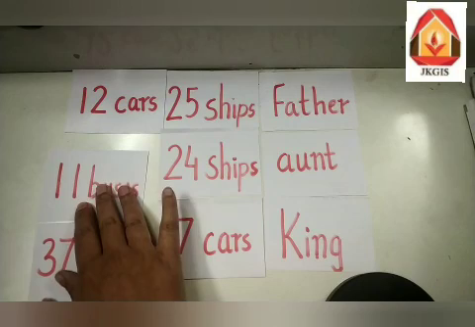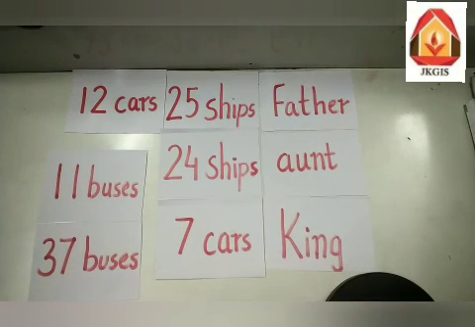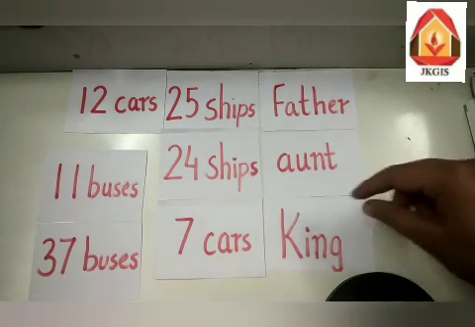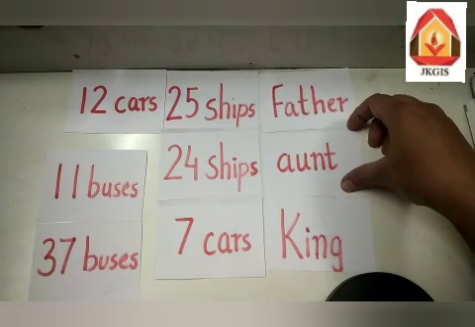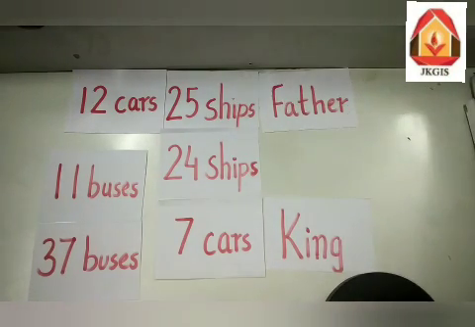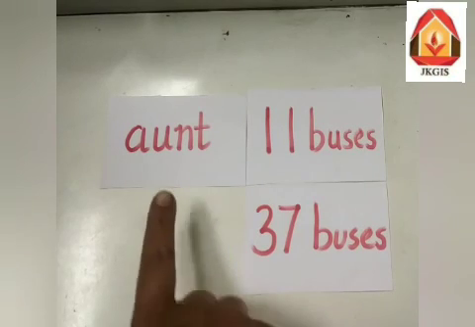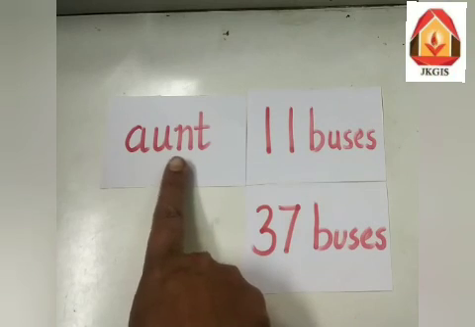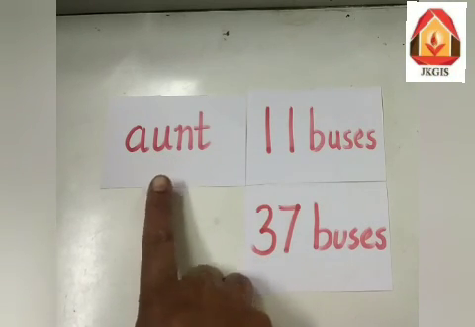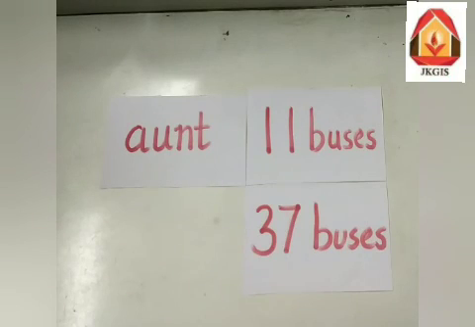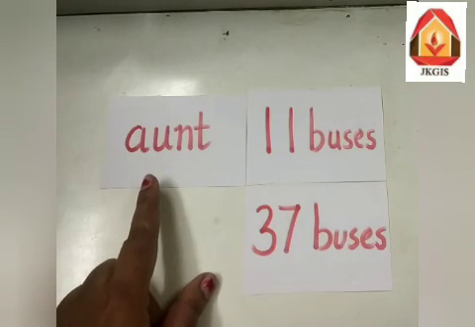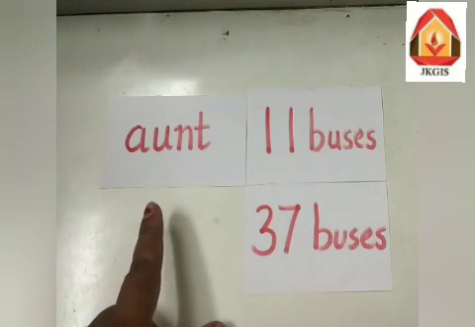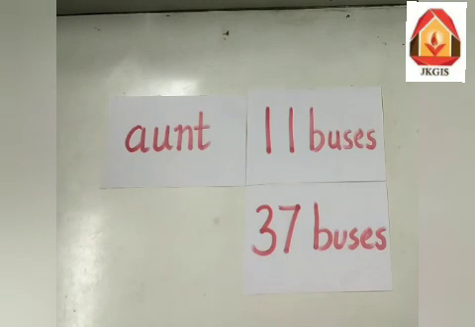Now what I will do, I will take one gender from here. Let me take aunt. So friends, we know that this is aunt, and aunt is a feminine gender. Now, can you tell me what is the opposite gender for aunt? Yes, it is uncle.